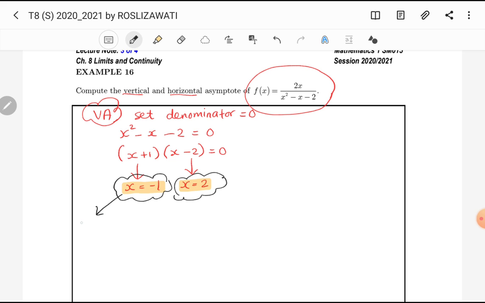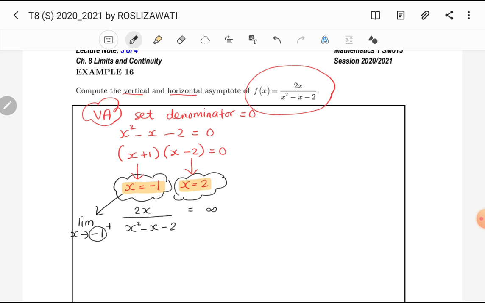Okay, so kita akan check. Limit x approaches negative 1 from positive. And the function is 2x over x squared minus x minus 2. And if you try to substitute negative 1, masuk negative 1, you will get infinity.